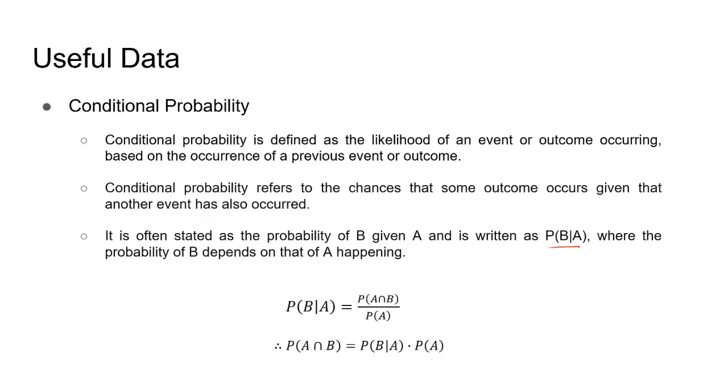So in the formula, probability of B given A is equal to probability of A intersection B divided by probability of A. Therefore, probability of A intersection B is equal to probability of B given A into probability of A.